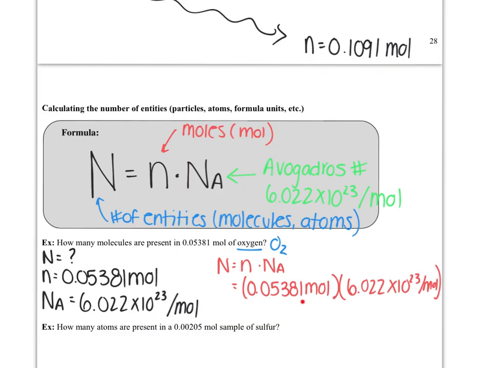So put in this number, 0.05381 times 6.022. And you're going to want to use brackets here. So we'll bracket this, 6.022 times 10 to the hat 23. Okay.